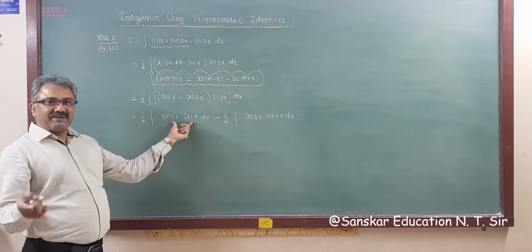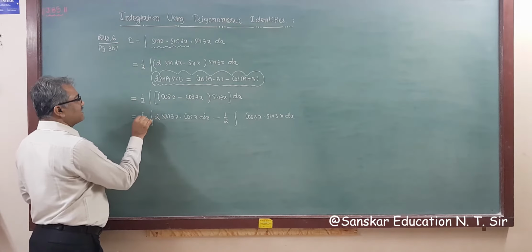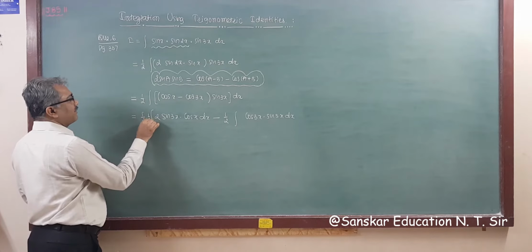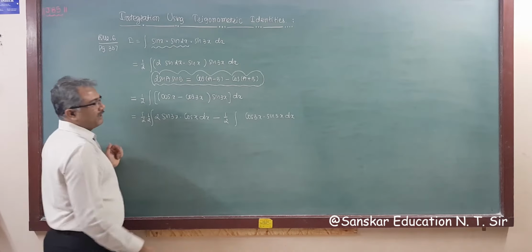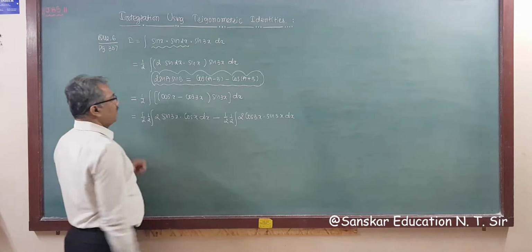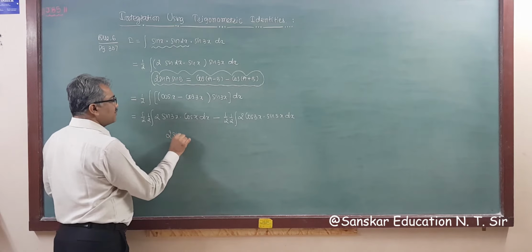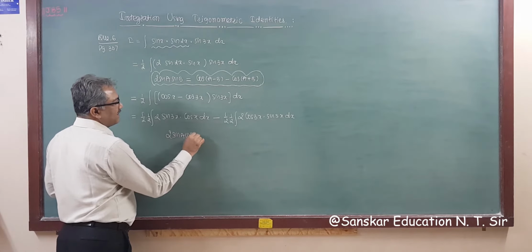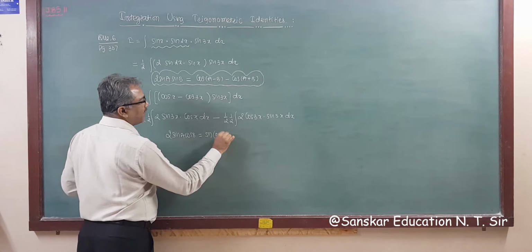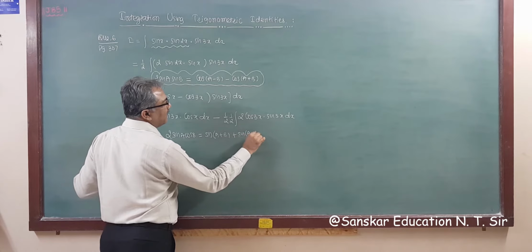Now again it is sin a cos b form. Sin a cos b needs a 2, so multiply by 2 and divide by 2. Either write 1 upon 2 here, right? Again here we need to divide and multiply by 2. So this is 2 sin a cos b. The formula is 2 sin a cos b equals sin(a plus b) plus sin(a minus b).